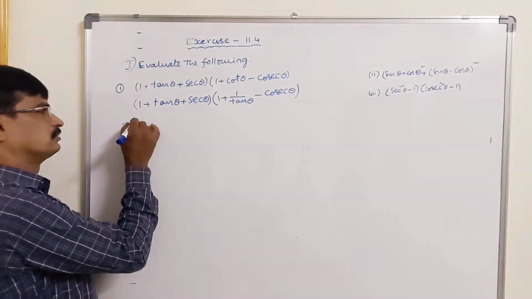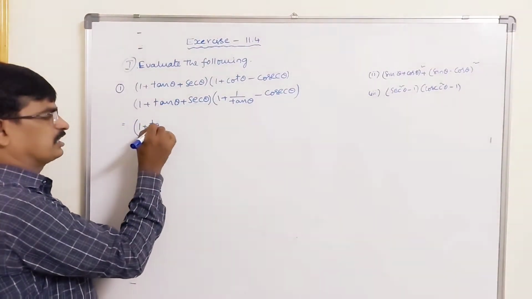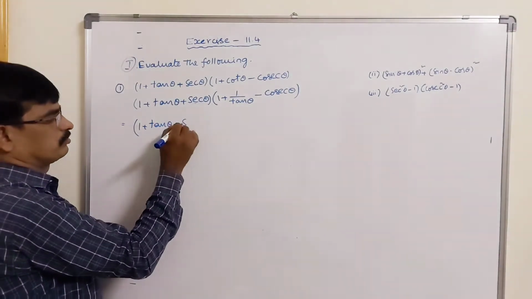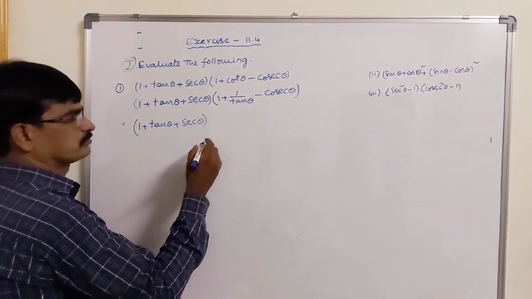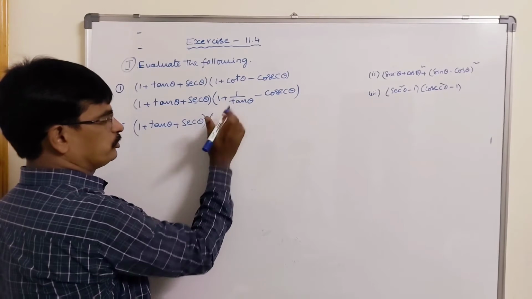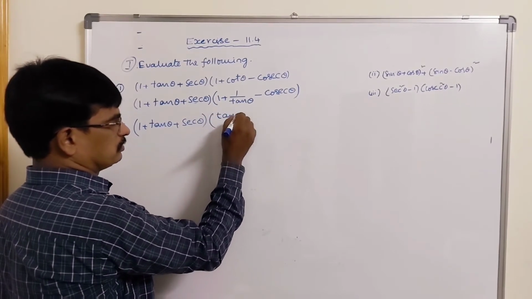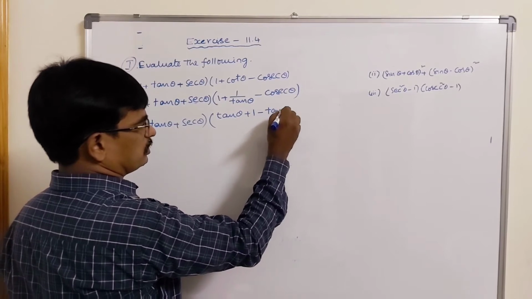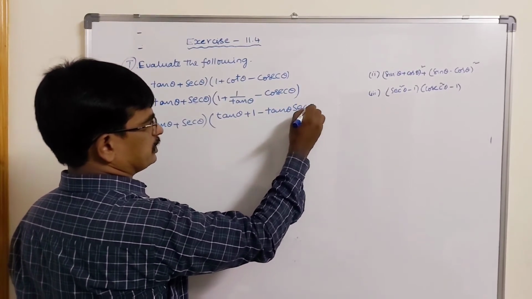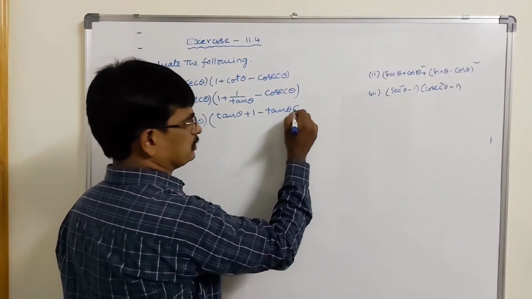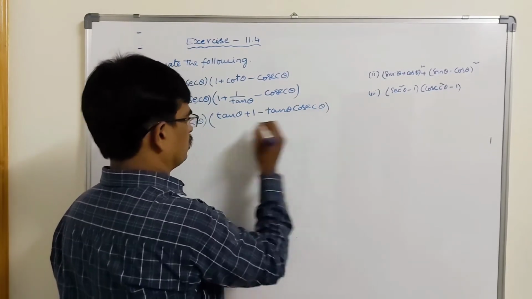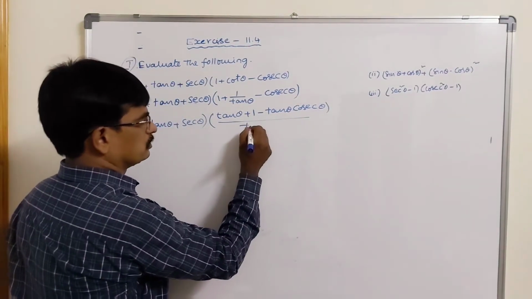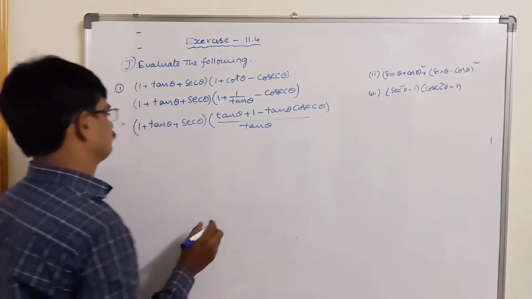Next, 1 plus tan theta plus secant theta, into 1 plus 1 by tan theta minus cosecant theta by tan theta.